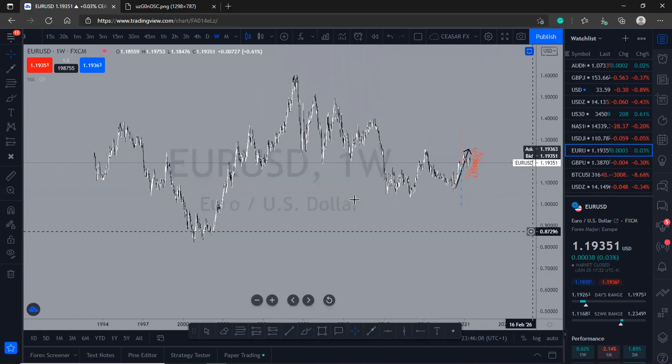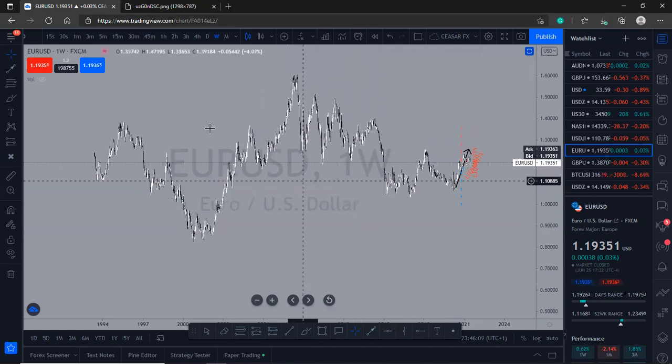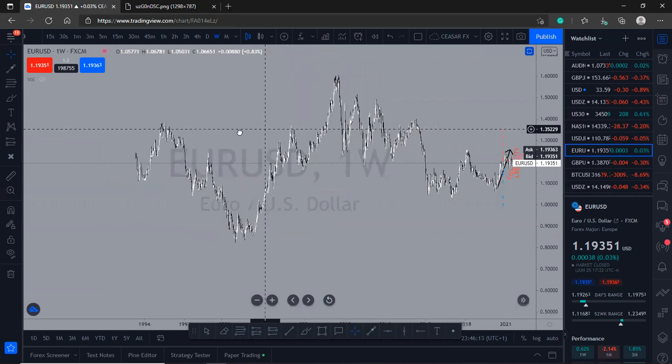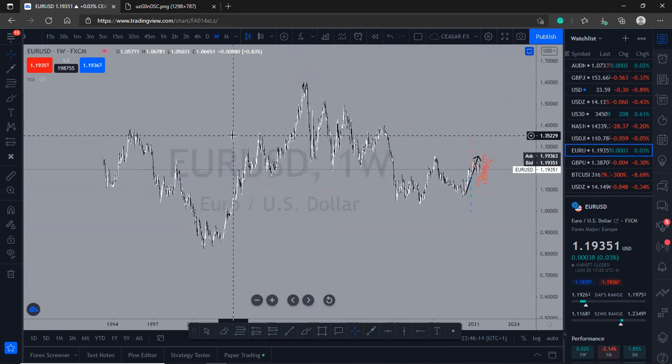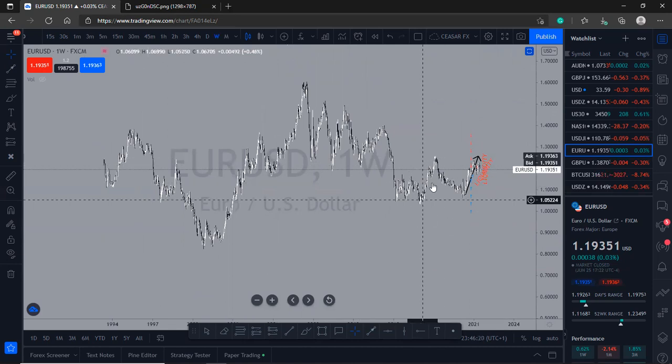You can see that EUR/USD is actually trending to the downside right now. It was trending to the downside. Maybe somewhere here there was a manipulation. There was a manipulation.